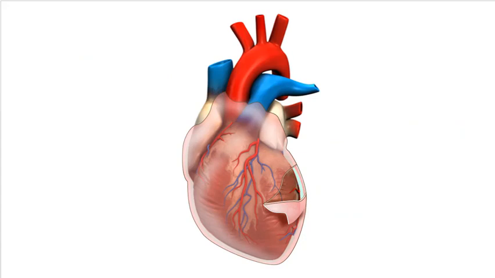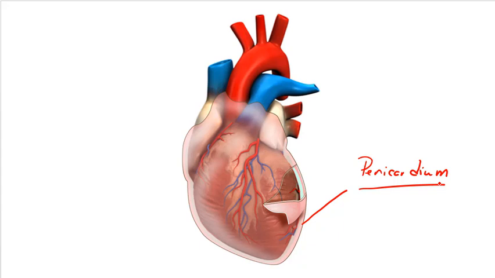Finally, the last structures you need to know about are the pericardium and the coronary arteries. The pericardium, sometimes called the pericardial sac, is a double-layer protective covering over the heart. You're going to hear about this guy later when you talk about chest trauma.